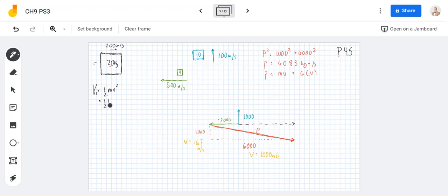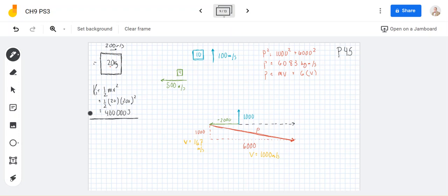In this case, it's 1/2 the mass, which is 20, times 200 squared. Okay, put that in a handy dandy calculator. So that's 400,000. So we're starting off with 400,000 joules of energy.